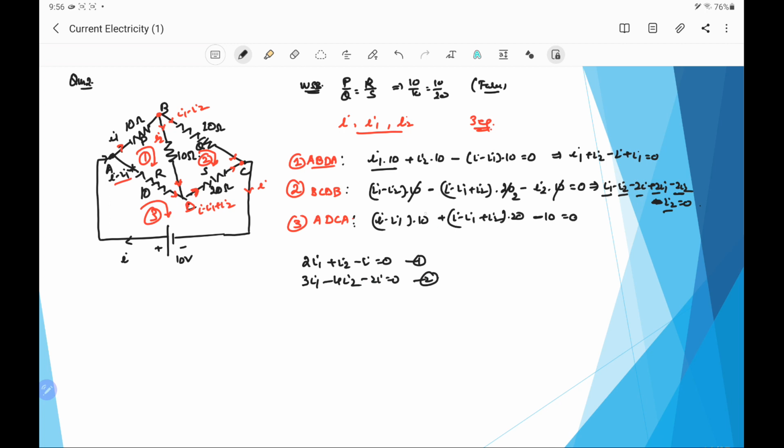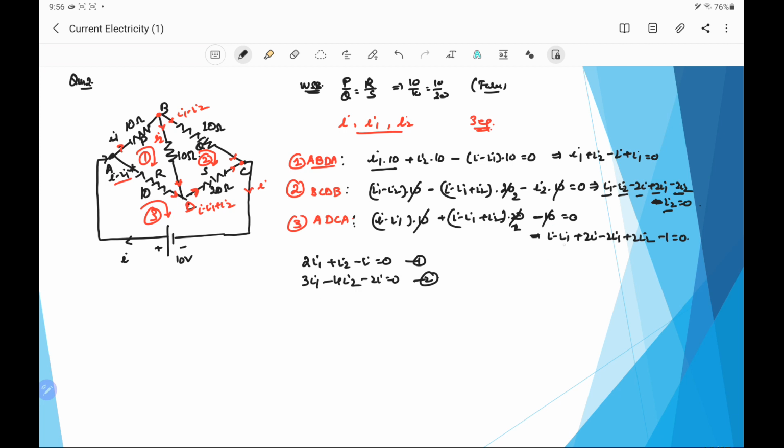Now for this third equation, this 10 will get cancelled, and the remaining terms will have I minus I1 plus I minus I1 plus I2, and it is multiplied by 2. So we have to multiply this with 2. So this will be I minus I1 plus 2I minus 2I1 plus 2I2, and remaining here it is minus 1, that is equal to 0.